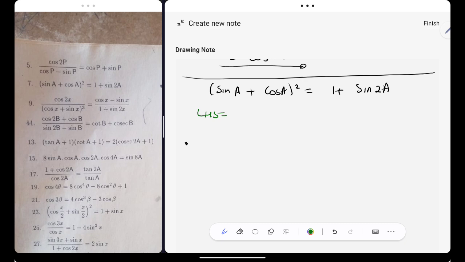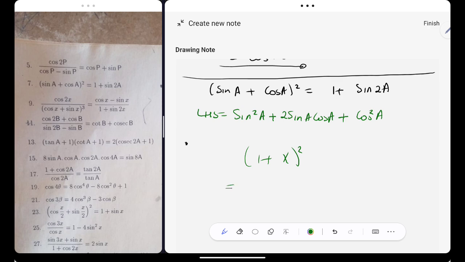Since you have a bracket squared, you can open two brackets if you want to, or you can just expand the bracket right away. You'll have sin squared A plus 2 sin A cos A plus cos squared A. Guys, this is the same as having something like this: 1 plus x all squared.